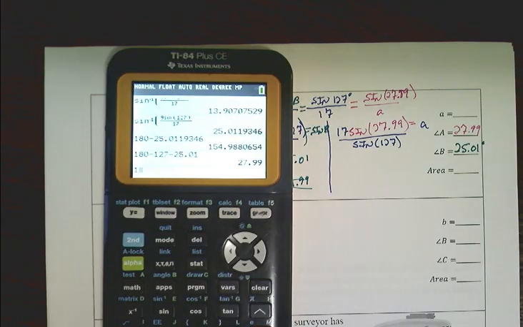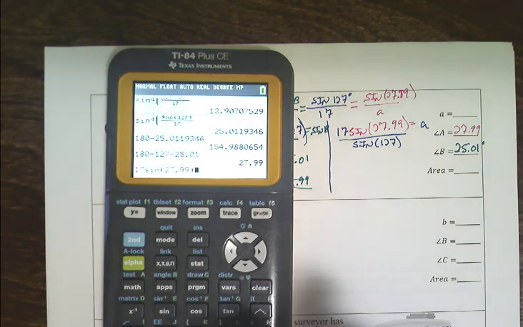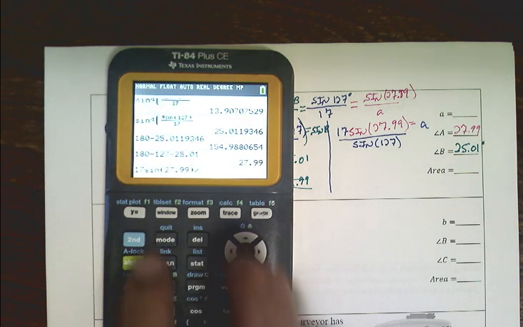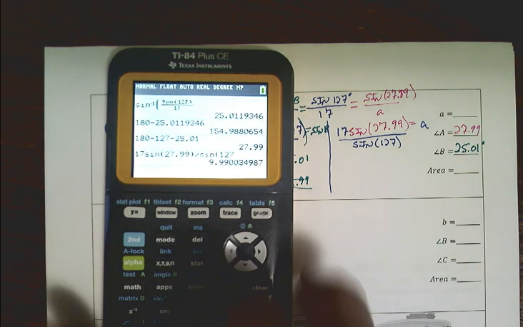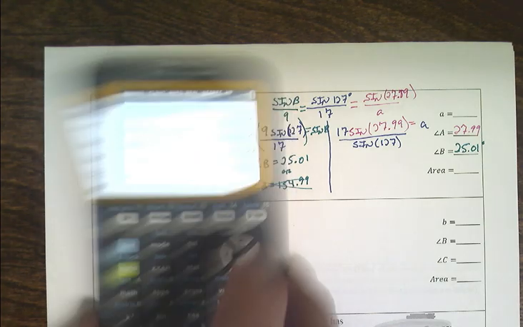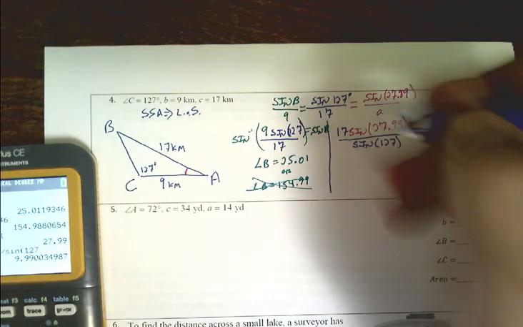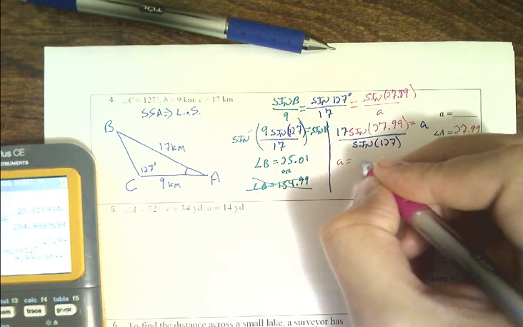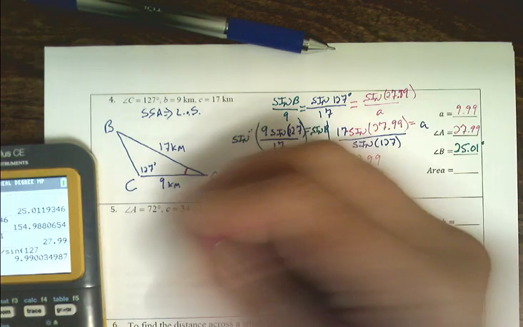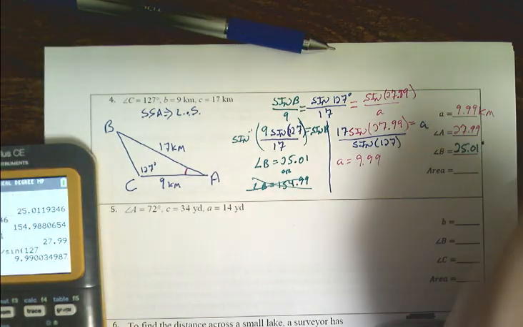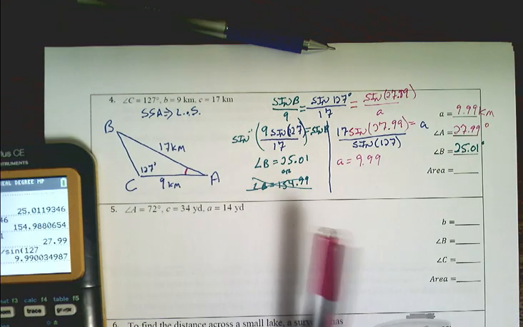And we type this in: 17 sine 27.99 divided by sine of 127. And that gives us 9.99. So A is equal to 9.99 kilometers. And put degrees there.